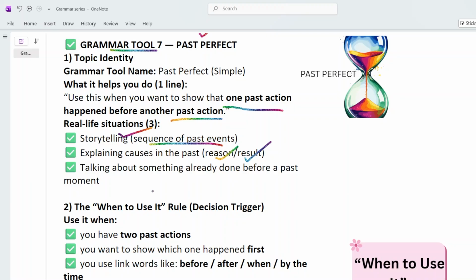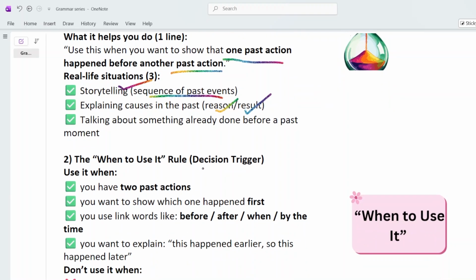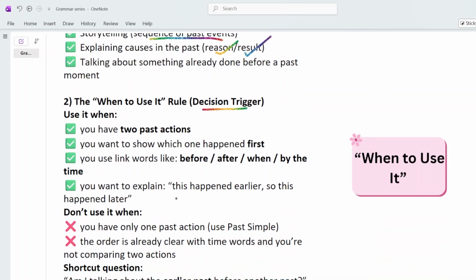Now, a very important thing is to know when exactly to use this. That is something we also call the decision trigger. Here's the shortcut question you should always ask yourself before using this tense.